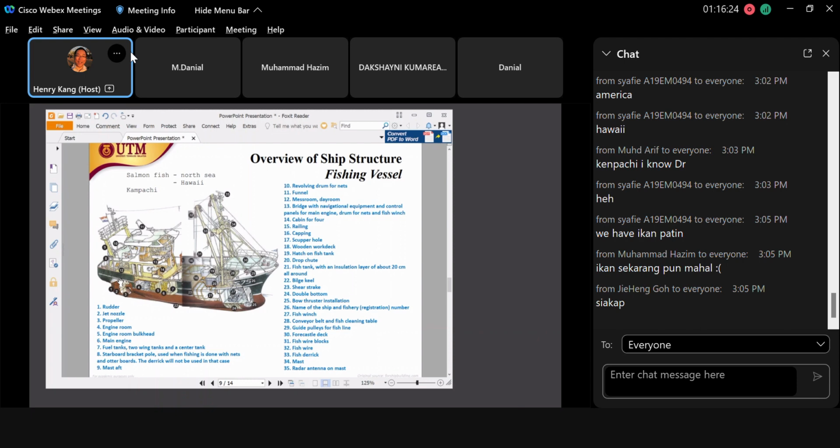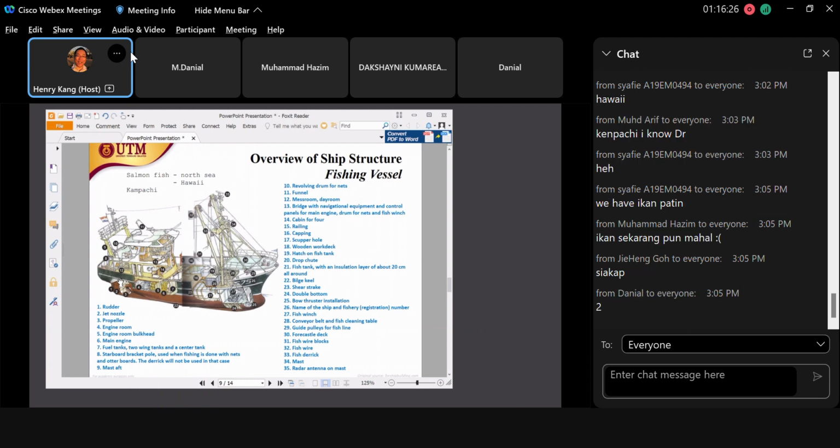We have class A, class B, and class C. At least ada tiga major class. So for example, class C is able to move up to, say, 10 nautical miles out from the coastline, then stage by stage.